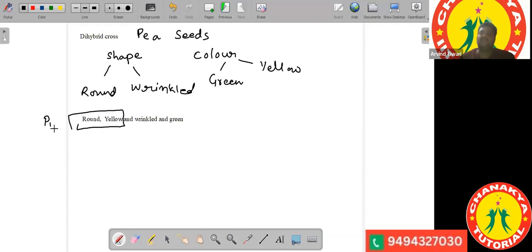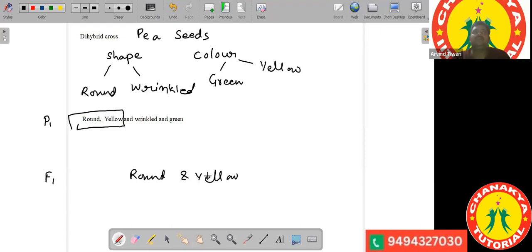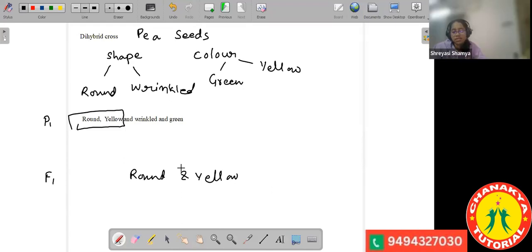When we obtained the first offspring generation from the experiment, we obtained only round and yellow. So from this it was clear that round and yellow is the dominant. Okay. Right, sir.